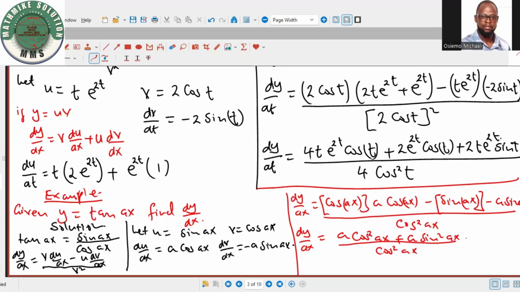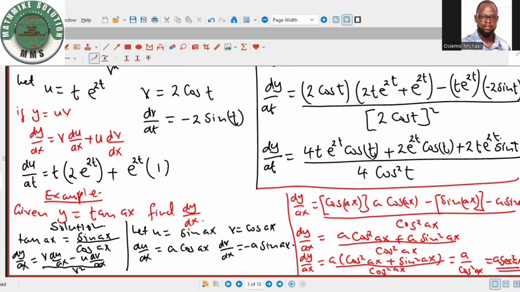So you realize that if you factorize a, dy/dx will be equal to a into bracket cos squared ax plus sine squared ax, and all this over cos squared ax. So you realize that this one here will be equal to a over cos squared ax, which is equal to a sec squared ax.